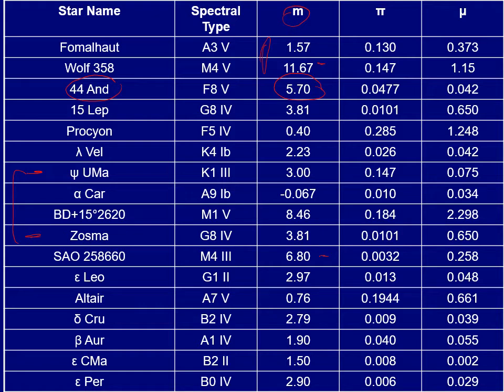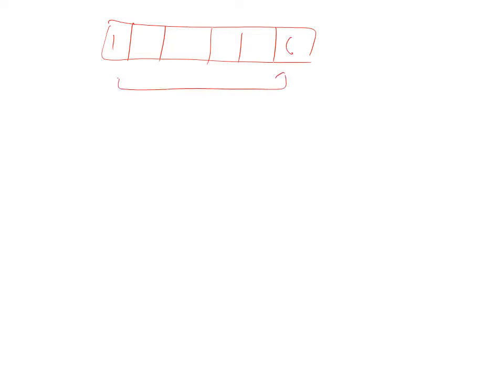So they're a difference of 0.81 magnitudes. But really, how much is that in actual brightness? Well, one of the things we discover is that if you start looking at this group of stars here that he had from 1 to 6, the way your eye works, that's a difference of 100 times brightness.